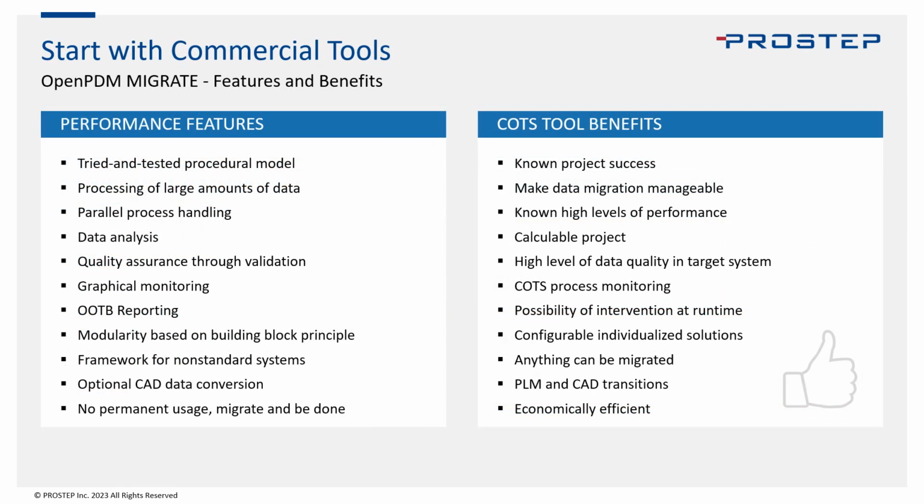So let's start with the benefit of using a commercial tool. In our case, this is OpenPDM Migrate that ProStep offers. Really, you've got performance features that are baked into the tool because this framework has availability for high-performing interfaces that have been tested over time, parallelization that's been tested over time, good success with analysis, reporting, a nice interface so that you can use the system efficiently.